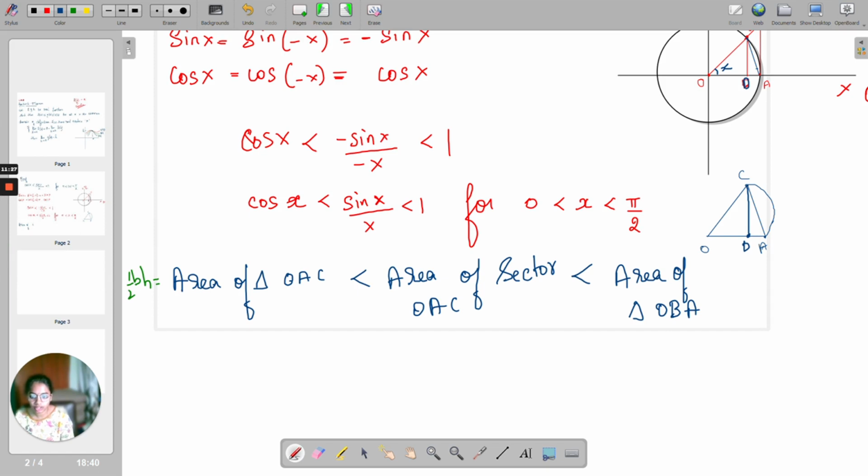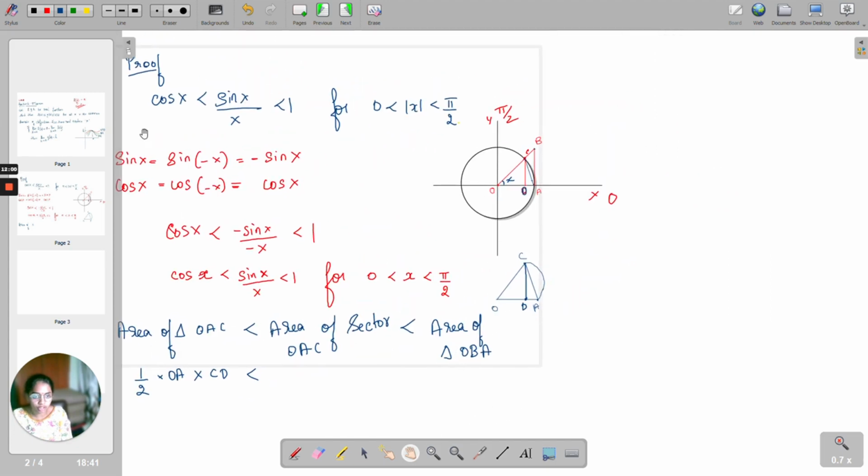So area of the triangle OAC is half into base, base is OA, into height. Height is CD. Agree? Because CD is perpendicular to OA, right? CD.